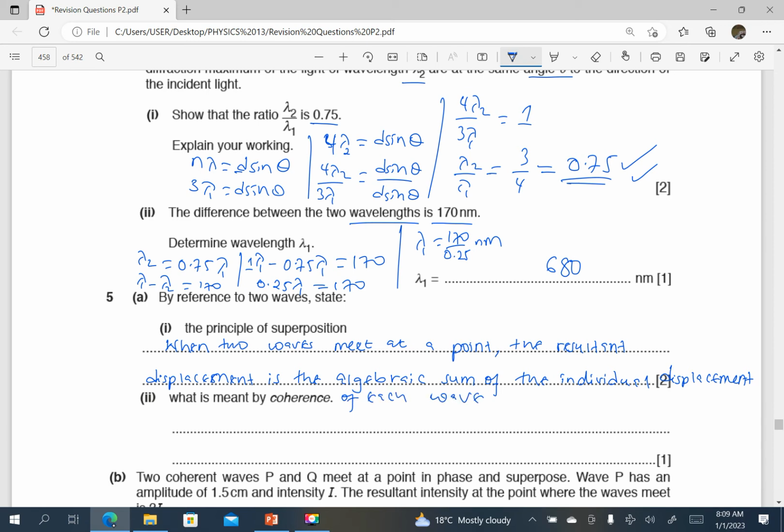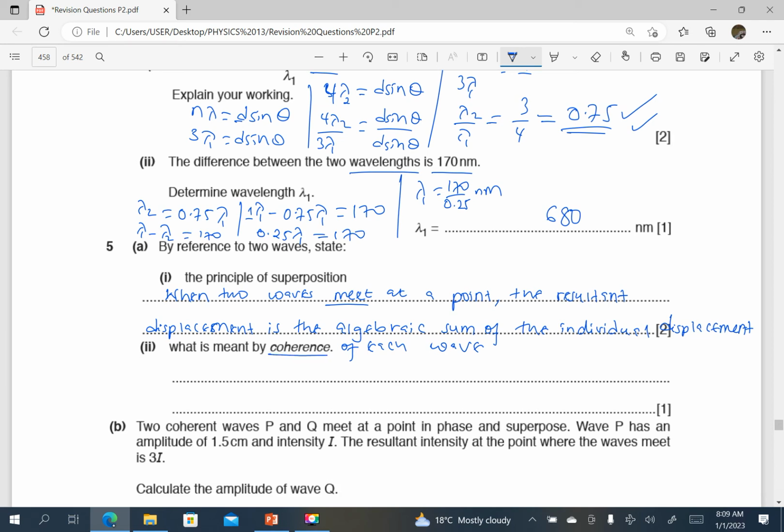We just simply sum up the displacements of each wave to find the resultant displacement according to the principle of superposition. So when two waves meet, they must be meeting or overlapping. When two waves meet at a point, the resultant displacement at that point is the algebraic sum of the individual displacement of each wave. The sum of the displacements of each wave is what we call the principle of superposition.